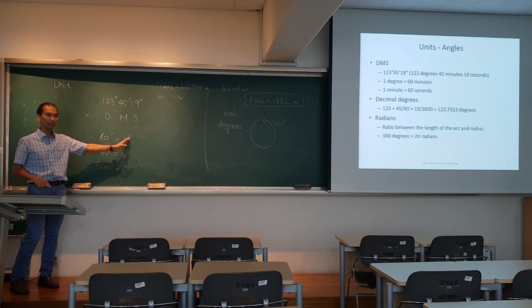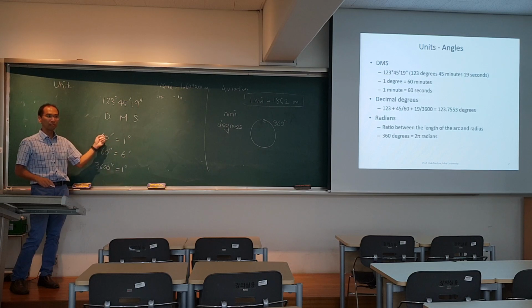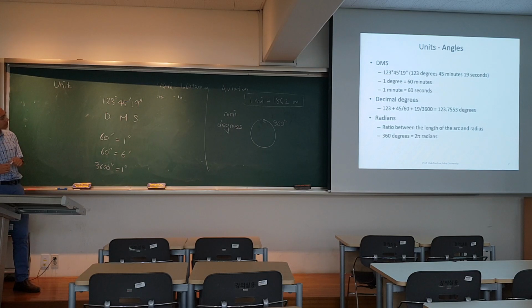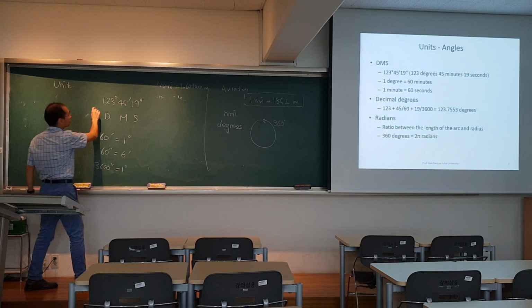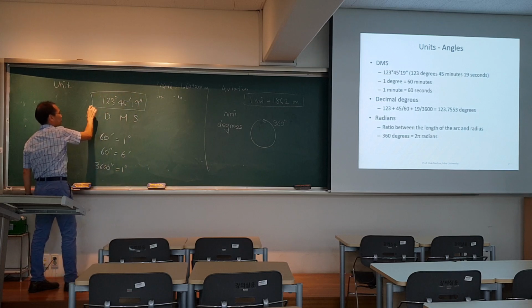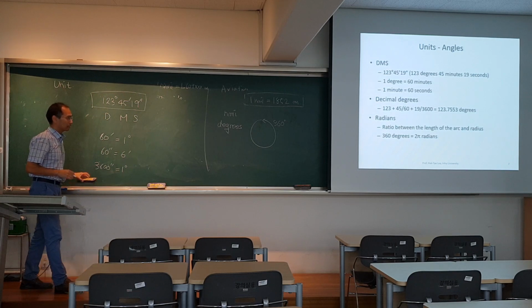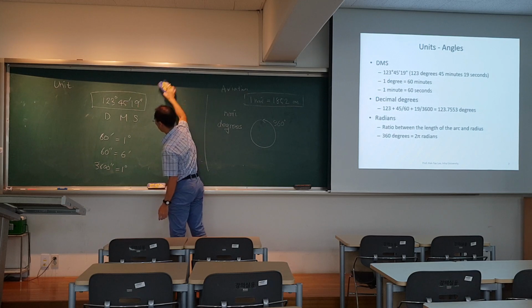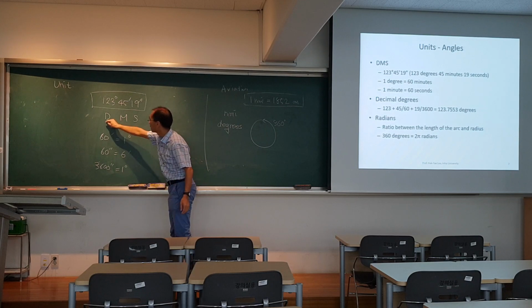So degree is like hour, minute is minute, second is second. This is actually a rather commonly used format in maps and in aviation. So it's called the DMS format.